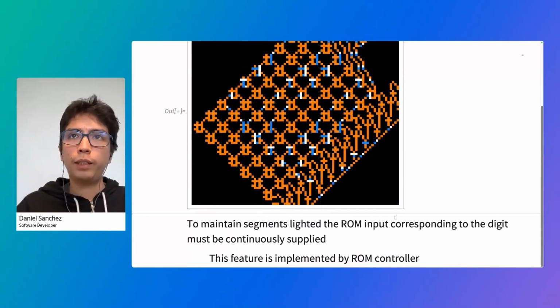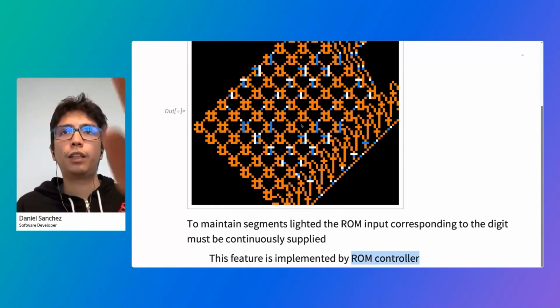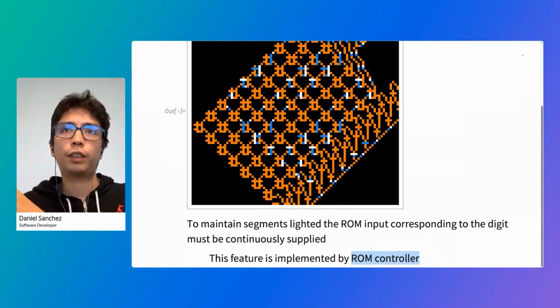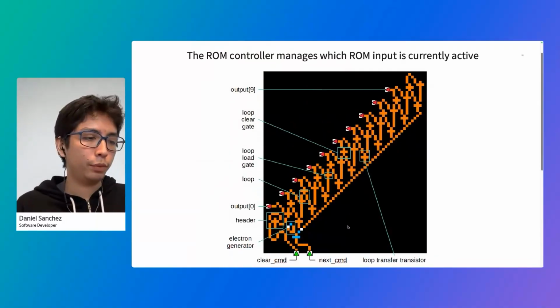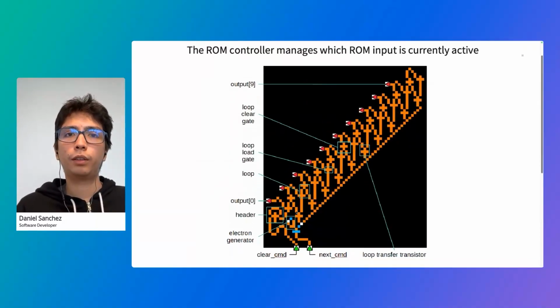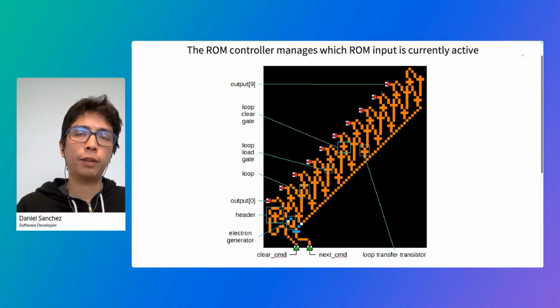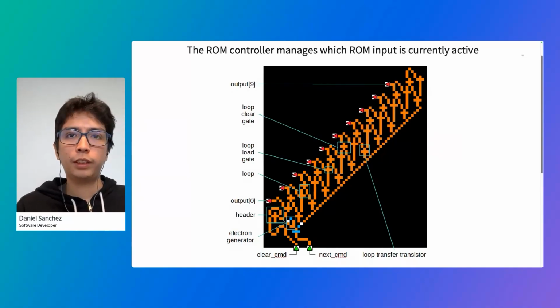In order to supply a constant stream of electrons and to control which address you want to turn on, that's the job of the ROM controller, which is this side of the construct here. It has a bunch of parts, which I won't go into detail, but you will see that it has 9 outputs corresponding to each digit.